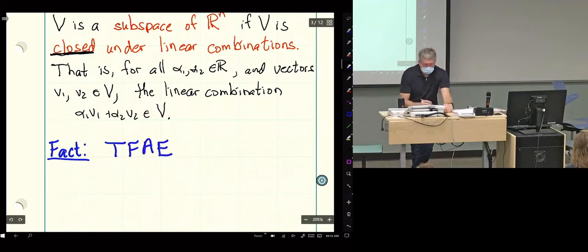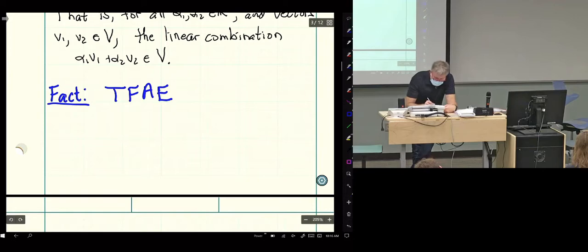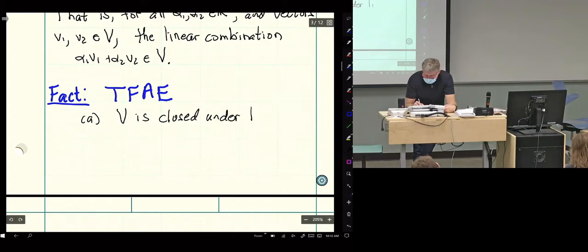Now, when you're checking that something is a subspace, you can do it two different ways. You can check it's closed under linear combinations.